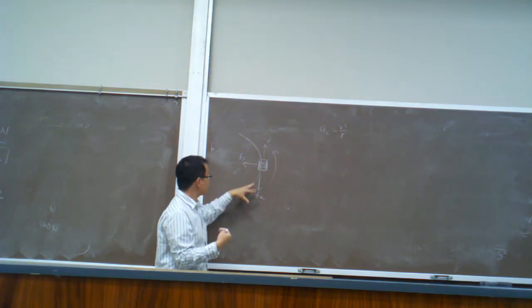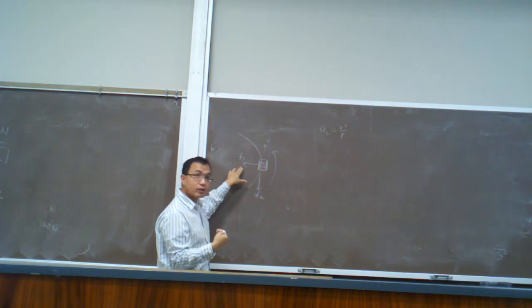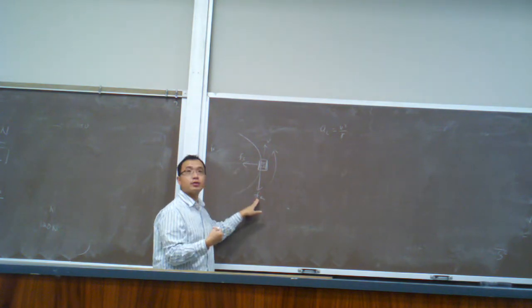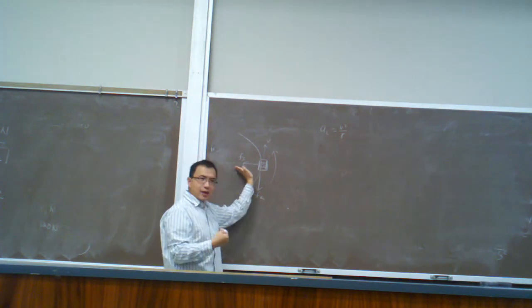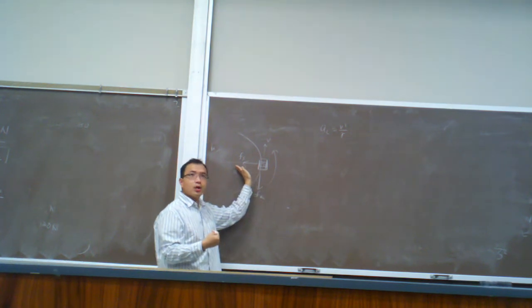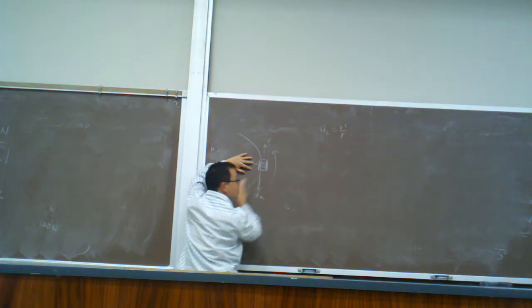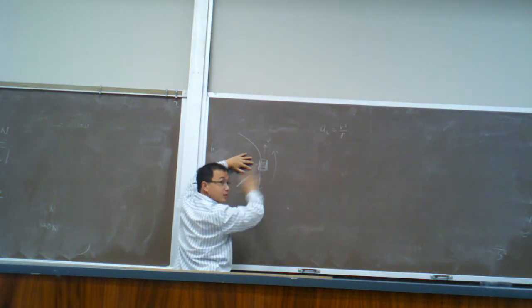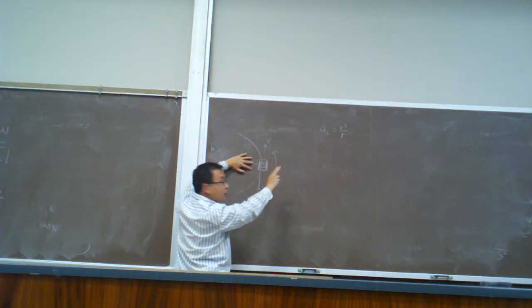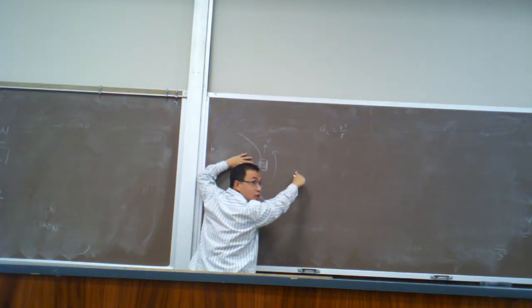So usually in this case you have both the static frictional force and the kinetic frictional force. And why is there a static frictional force? Because without the static frictional force, the car has a tendency to side slide, right? So it has a tendency to move in this direction.